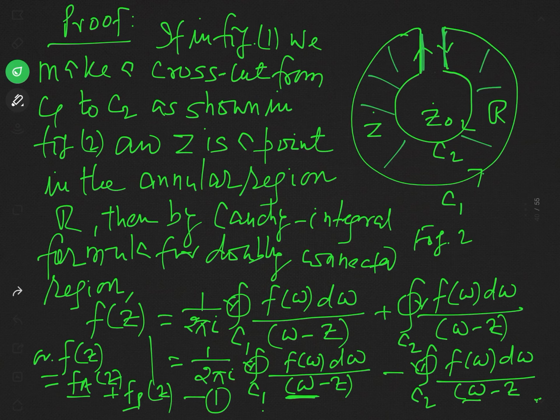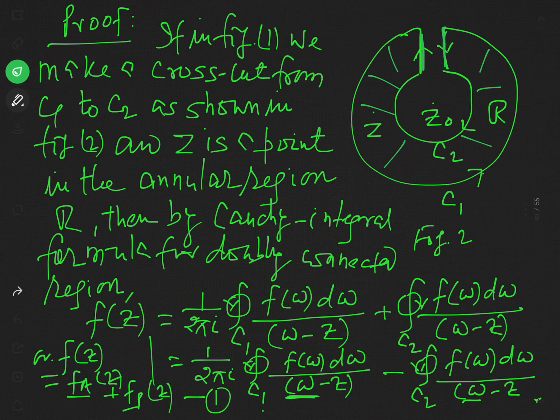If these two circles are joined by the cut, we can apply the Cauchy integral formula for the doubly connected region, because the doubly connected region now becomes a simply connected region after joining by a cross cut.